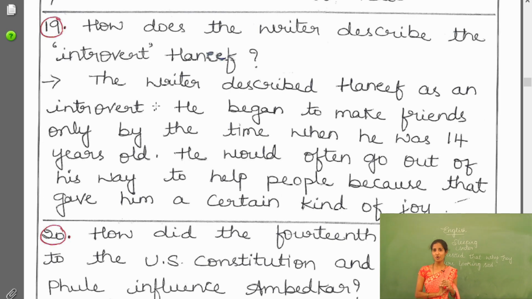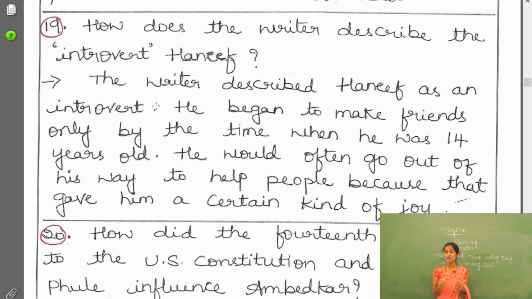He is such a cautious child. He is very responsible. And he began to make friends only at the age of 14 years, and he used to go outside often. He used to look at the poor, needy people, and he used to help them. That gave him a certain kind of joy. So this shows that Hanif was an introvert.